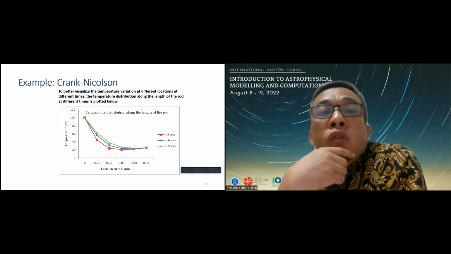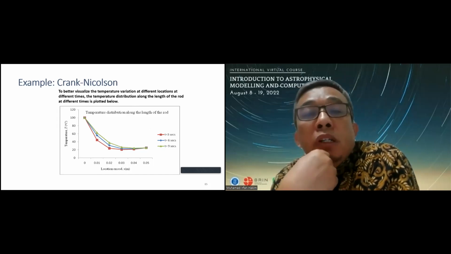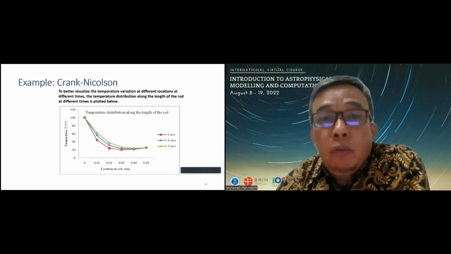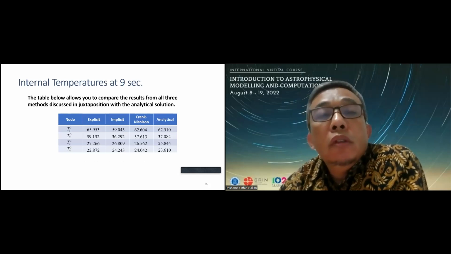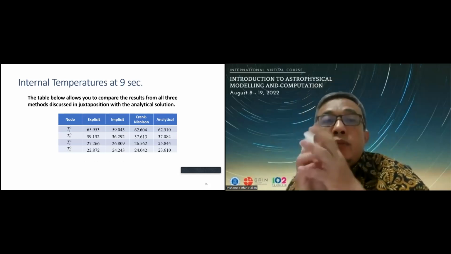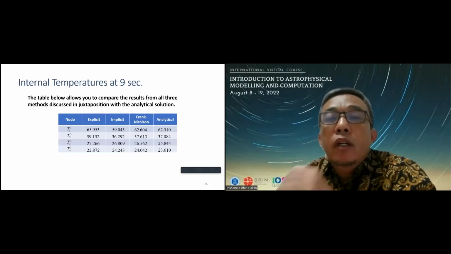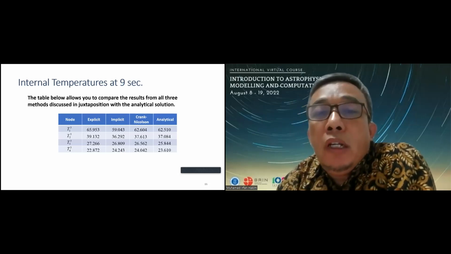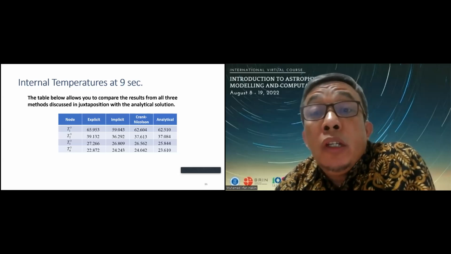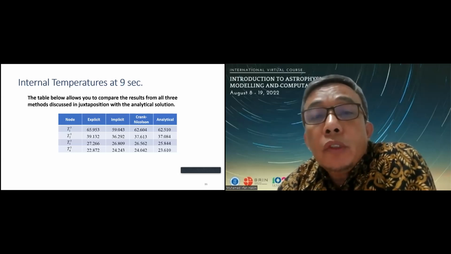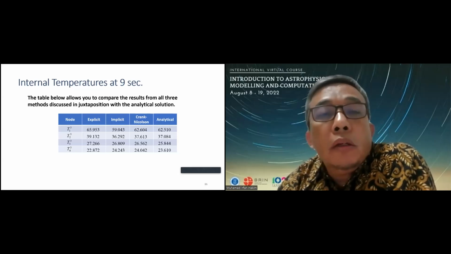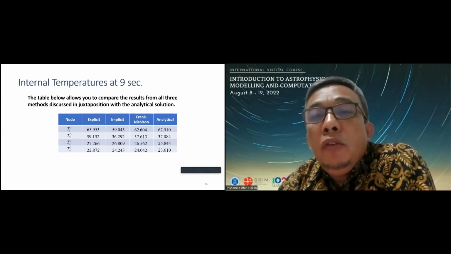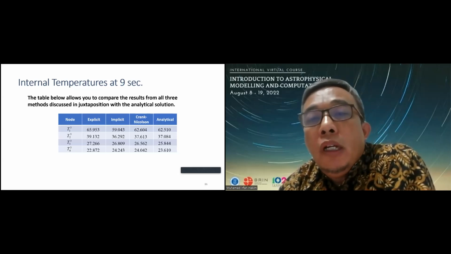This is a visualization of the same problem here using the Crank-Nicolson method. And to sum up these three methods, compared with the analytical solution, you can see here these values compared to the analytical solution.